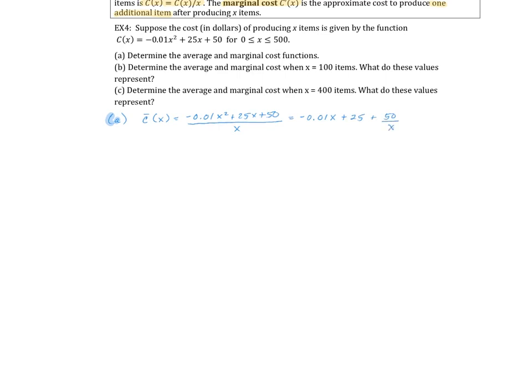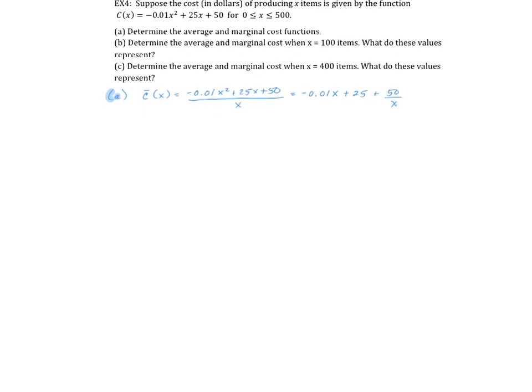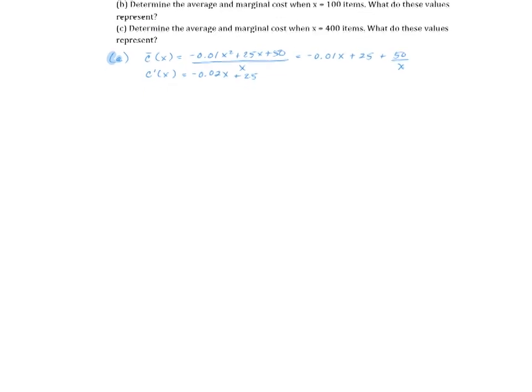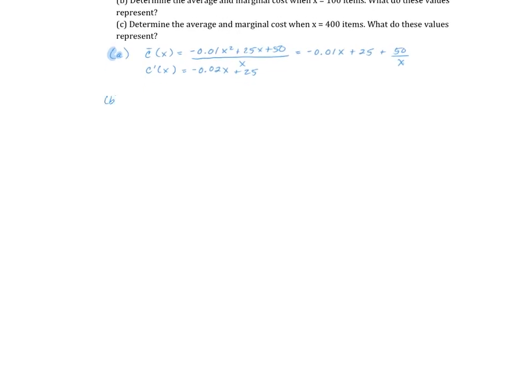So that would be my average cost, and then the marginal cost is the derivative of the cost function, which would be negative 0.02 x plus 25. So we have our average cost and our marginal cost. In B, what we're supposed to find is the average and marginal cost when X is 100.